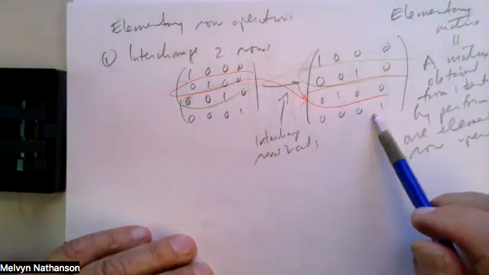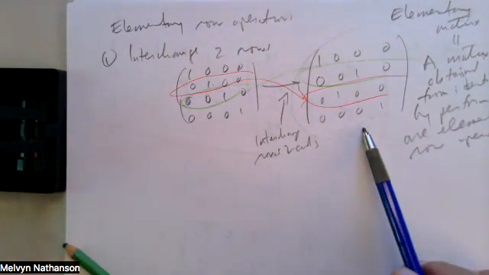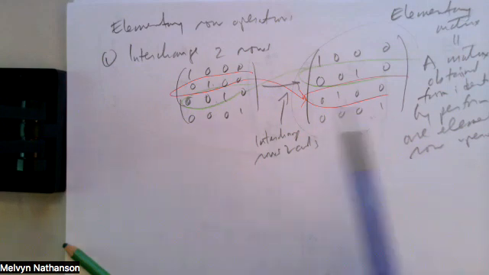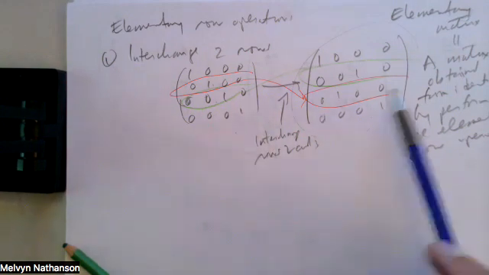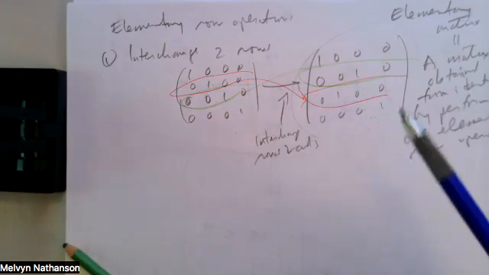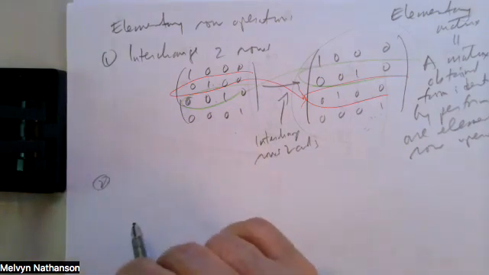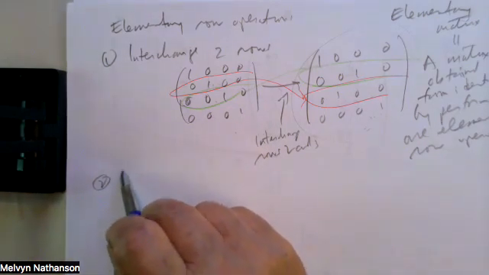So this is an example of a 4x4 elementary matrix, because I took the identity and I performed the elementary operation of interchanging two rows. What's the second elementary row operation?